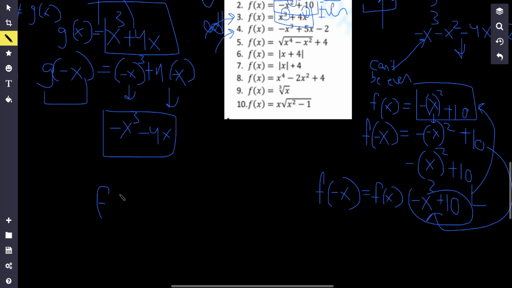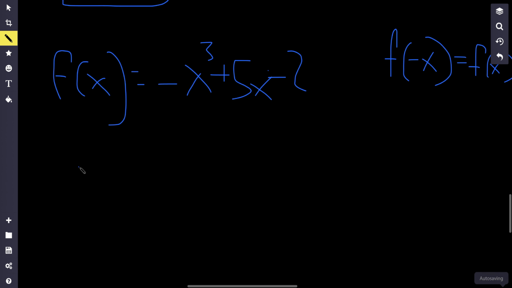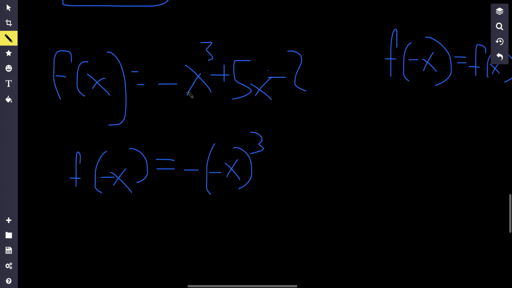f of x is equal to negative x to the third power plus 5x minus 2. First step, everywhere we see x, plug in negative x. So everywhere we see x, in this case, this x turns into a negative x. This x turns into a negative x, right?